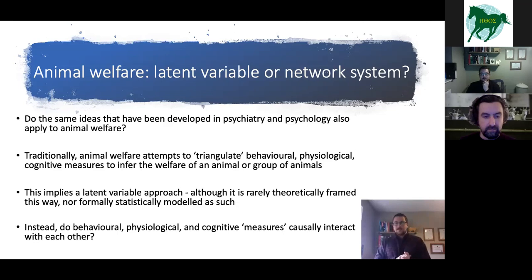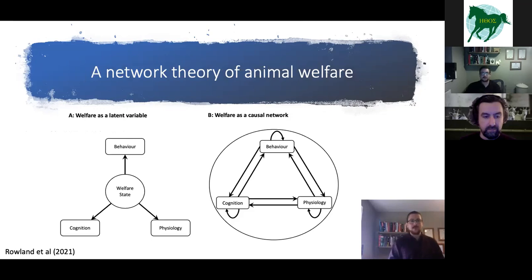And that forces us to confront this problem: are we dealing with latent variables, or are we dealing with variables that simply might causally interact with each other and have their own independent causal power? This can be represented in this diagram here.